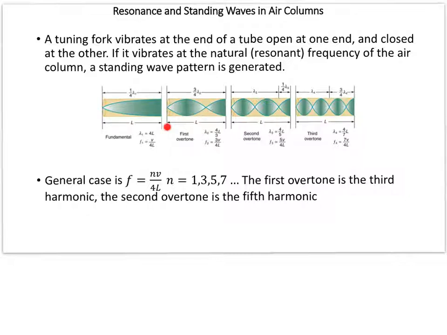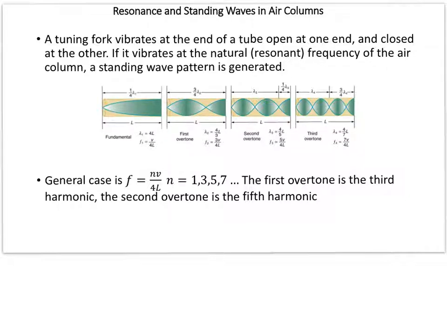Okay, so right here, this would be the fundamental frequency. And notice we use the same terminology. We've got a node here and an antinode here. And the closed end, you're always going to have a node. So one possible configuration is this right here.